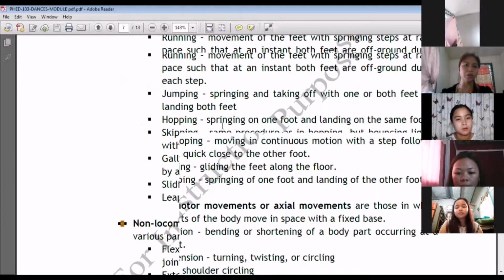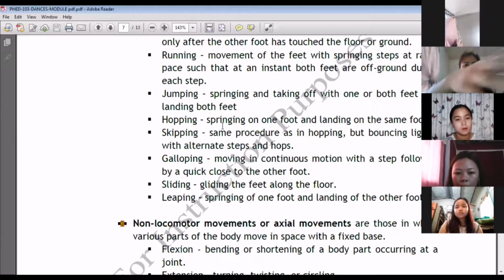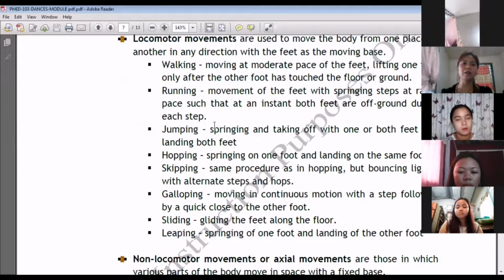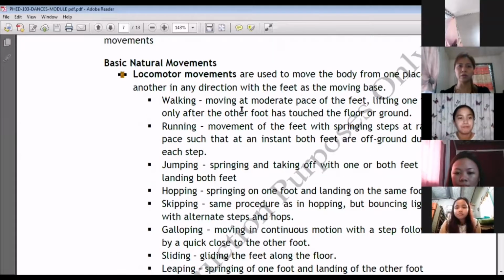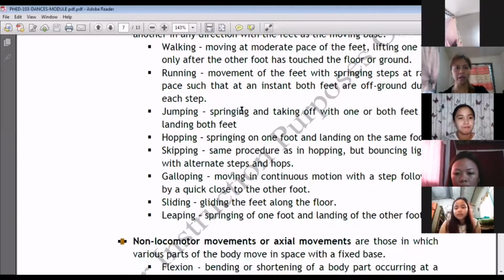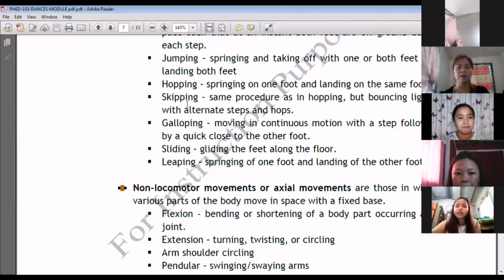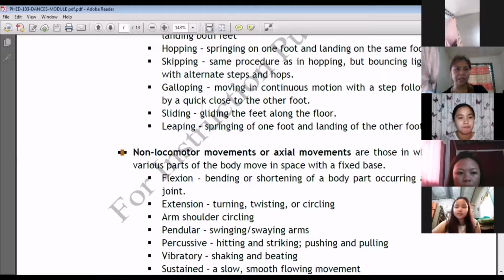Dito sa locomotor, may change of direction and may distance na tinatravel yung katawan mo. Okay? So, with the locomotor, very basic, we have walking, running, jumping, hopping, skipping, galloping, sliding, leaping.